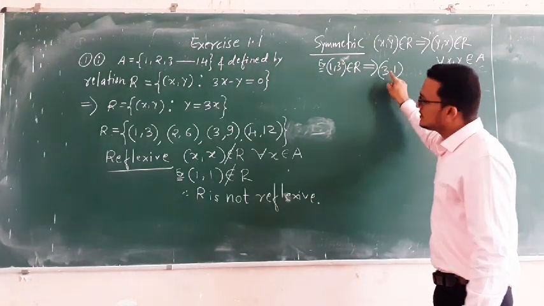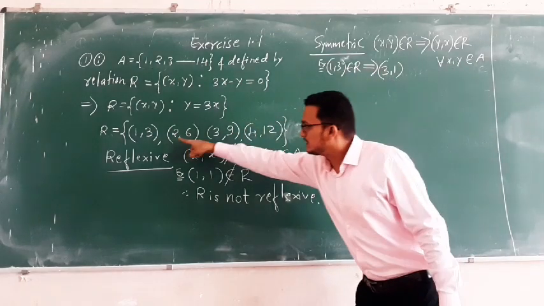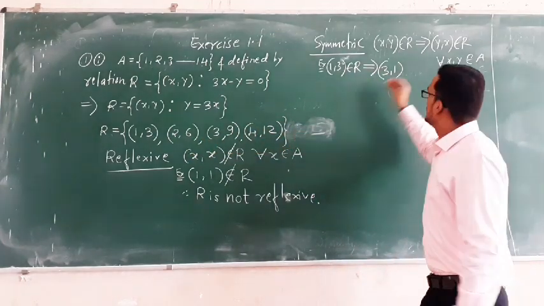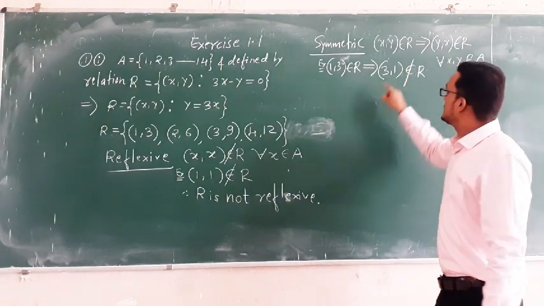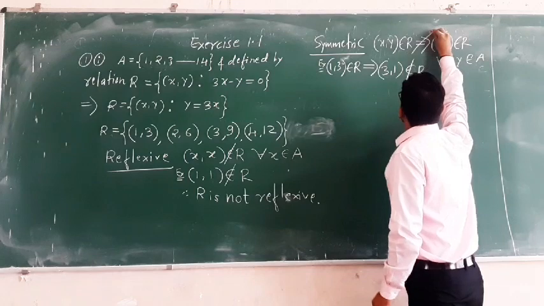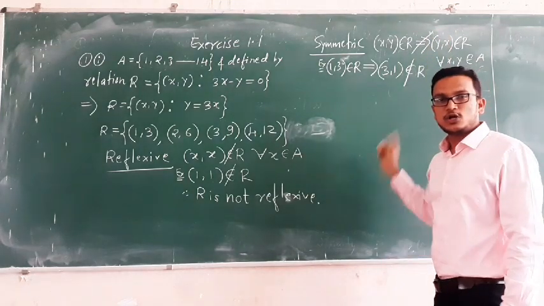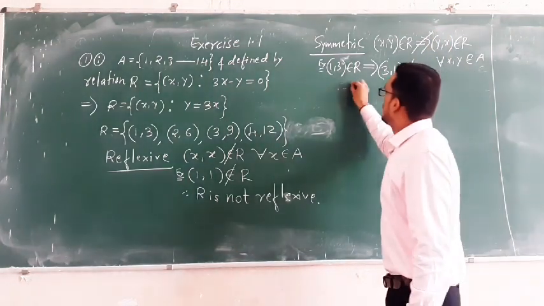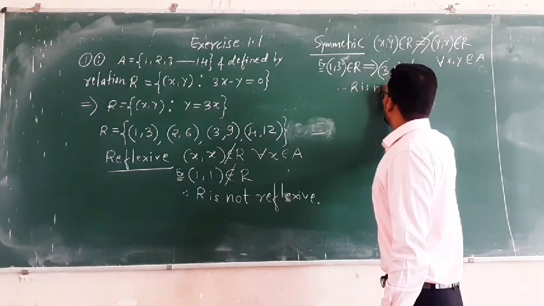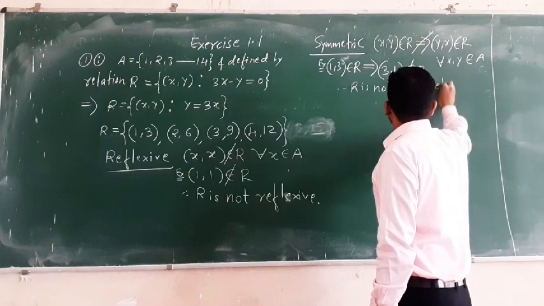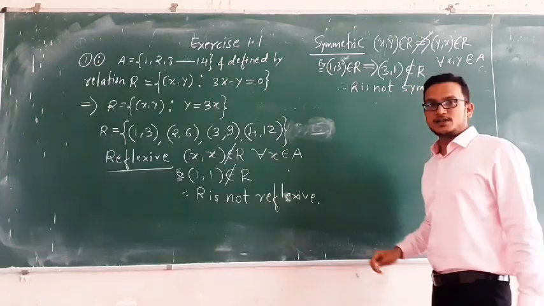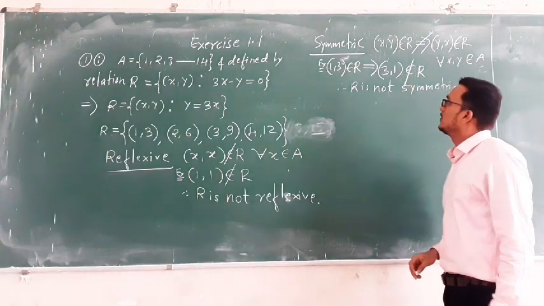Now check whether this (3, 1) is present in R. No. So (3, 1) does not belong to R. So it does not imply. Therefore what can we conclude? R is not symmetric.